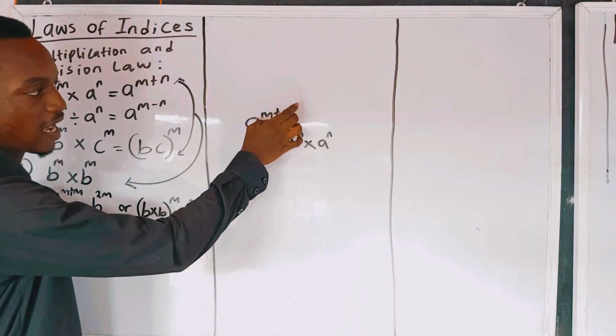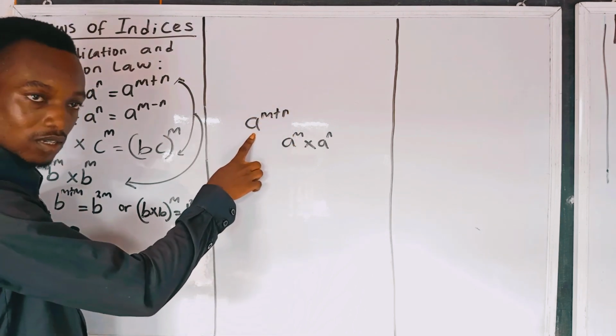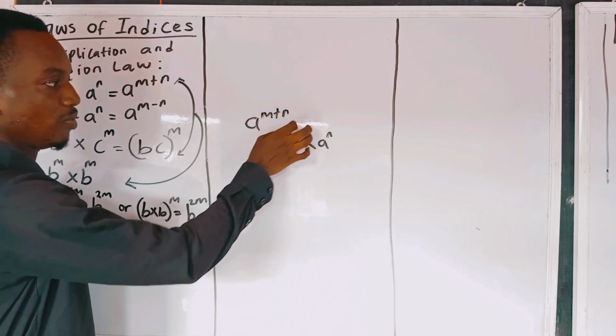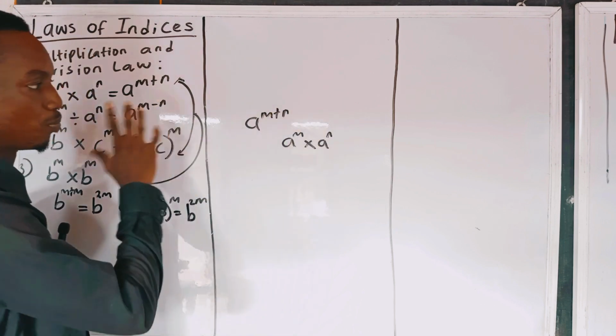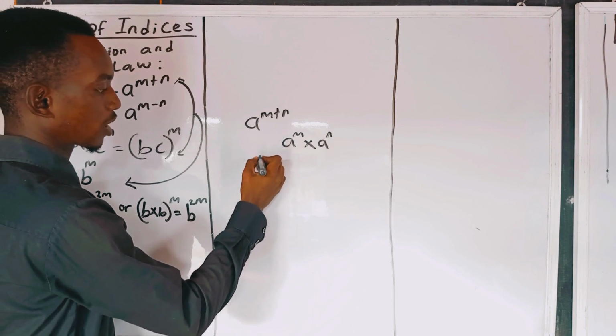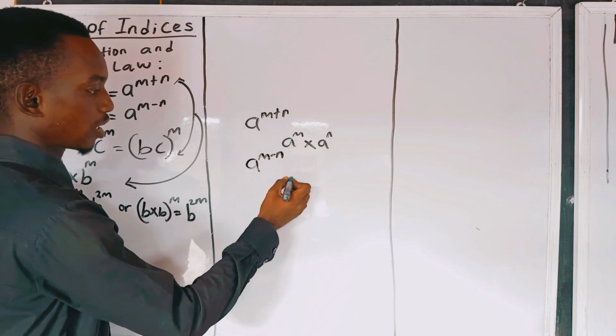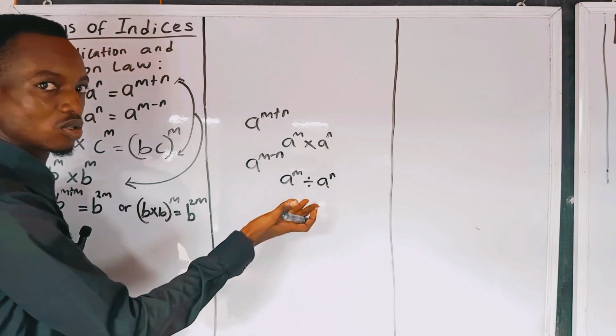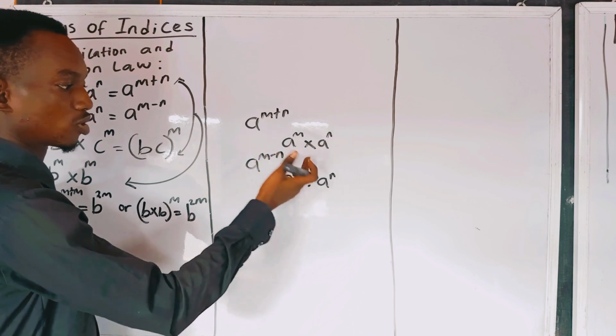When you have added powers that share one base, we can split that addition into the base raised to one power times the base raised to the other power, just like the opposite of the law. Same as with the division. When you have subtracted powers, you can also split it into division, because according to that law, when you divide, you subtract the power.